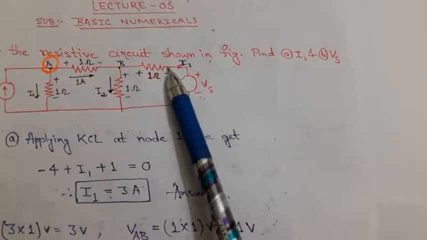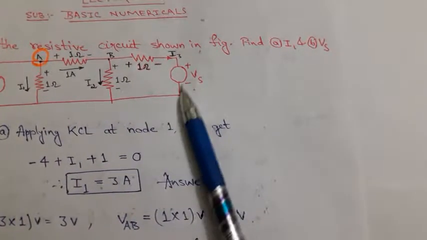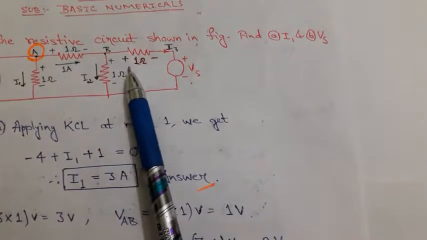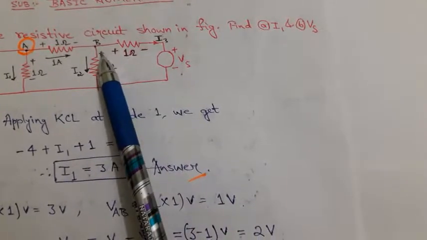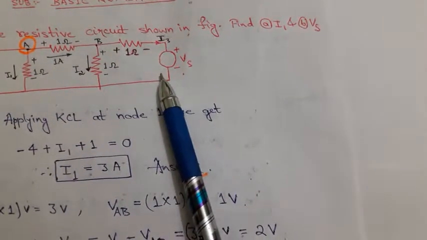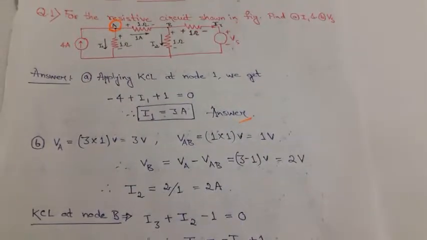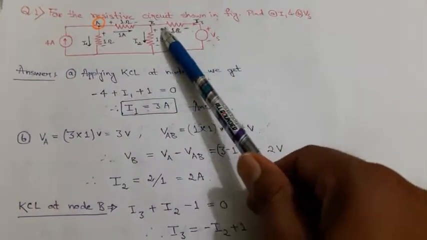And if I find the voltage drop across this 1 ohm resistor, then I can easily find the value of the Vs. How? By subtracting the voltage drop across this 1 ohm resistor from the VB, I can easily find the Vs. Clear?